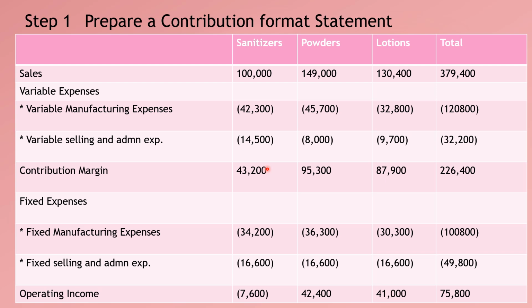From the sales, when you subtract all the variable expenses related to sanitizers, you are making a contribution, which is covering much of the fixed expenses. When you subtract the fixed expenses from that, you are definitely getting a loss. But please remember, it is making a profit and that profit is covering some fixed expenses. The others are making a profit, so we do not have to look into them as of now.